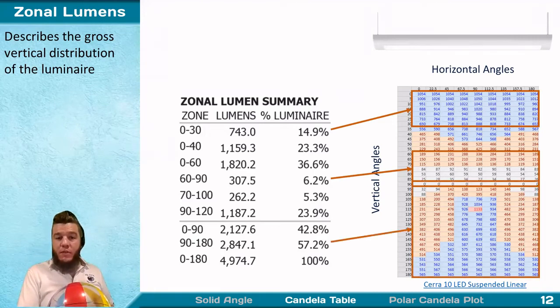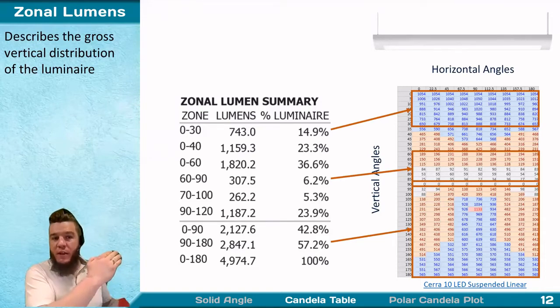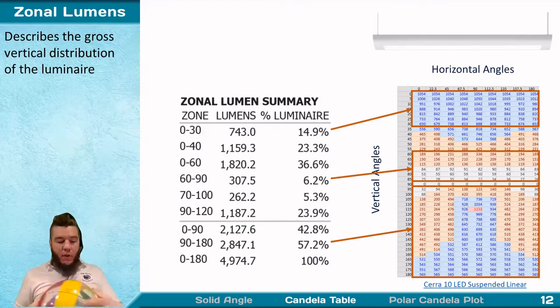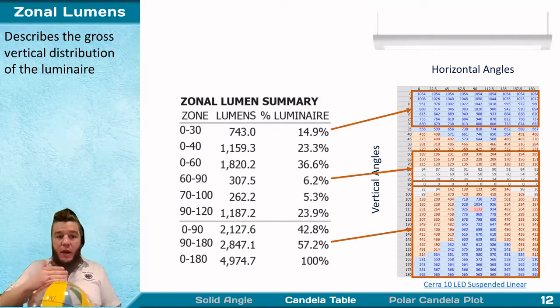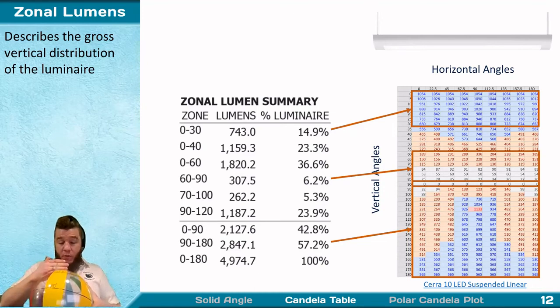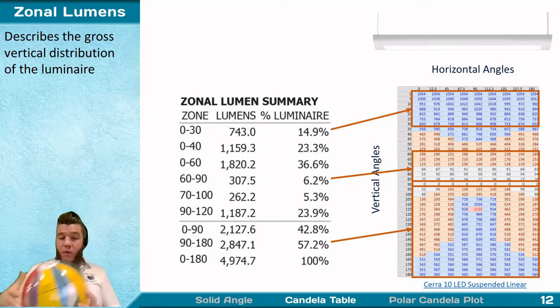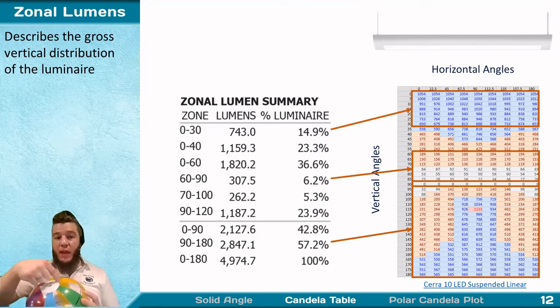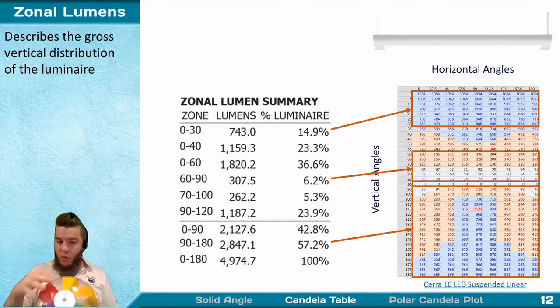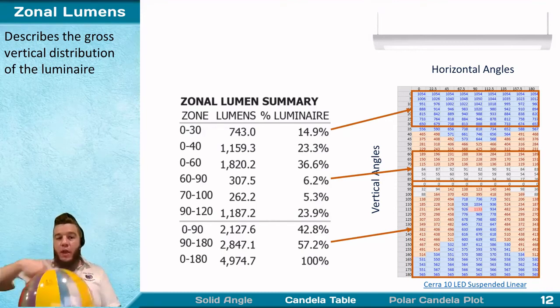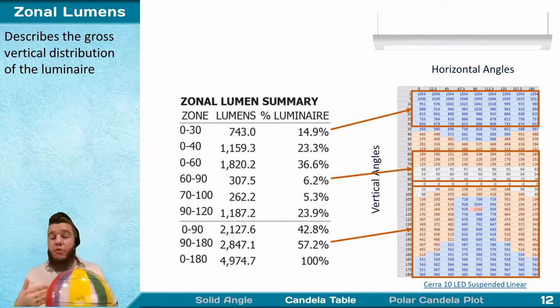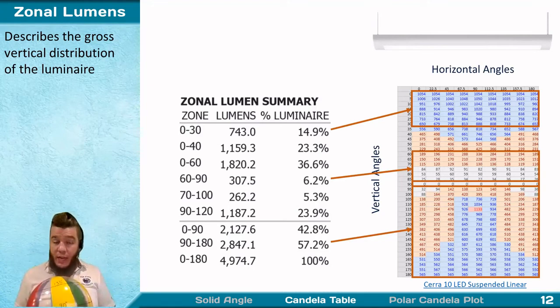And then the final zone worth considering is this bottom one right here. This is 90 to 180. In other words, this is everything above the equator, if you will. So it's all of the lumens emitted toward the ceiling. As opposed to this section here, which is the direct onto our work plane, everything above the vertical is ceiling illumination.